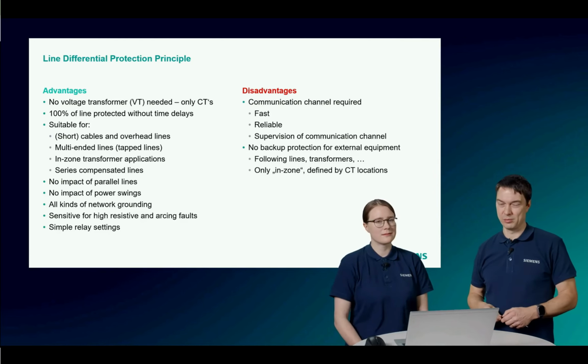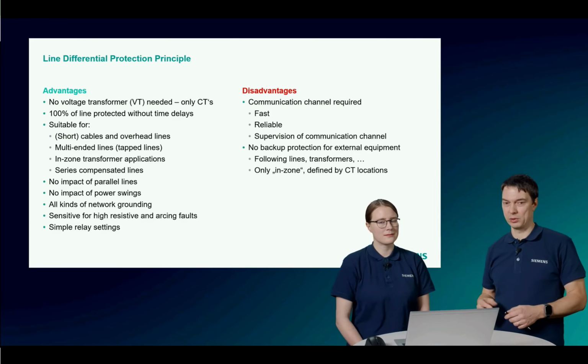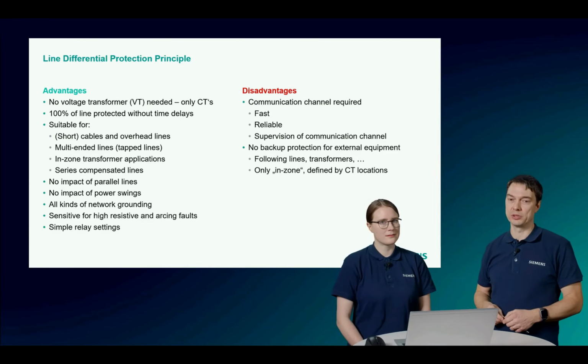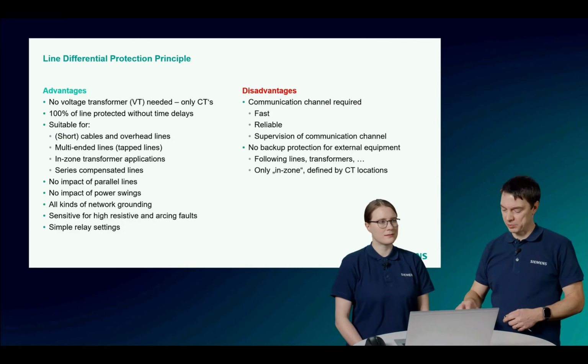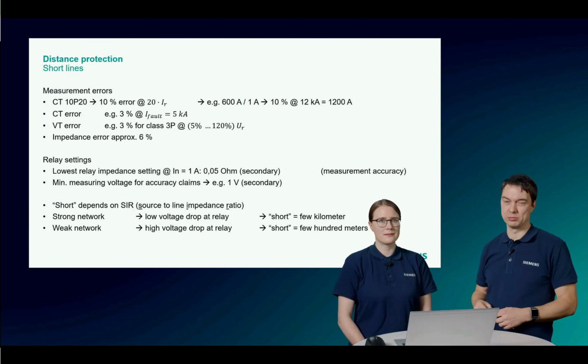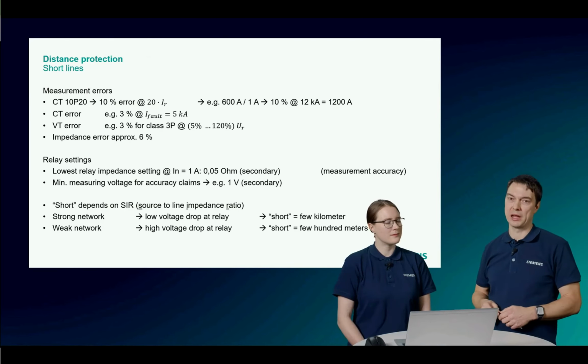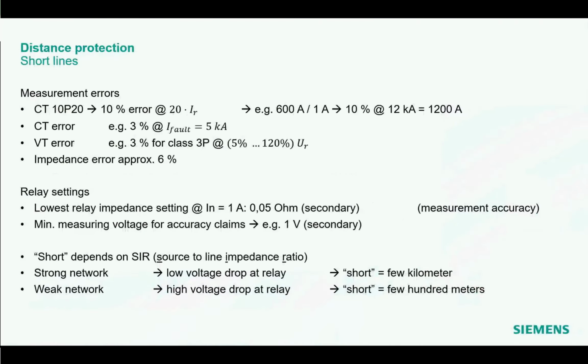So, but the question here was regarding short lines and cables, which I also brought up at the first webinar. And this is a bit difficult to make a calculation for, because you have to take into account the measurement errors from the CTs and VTs.